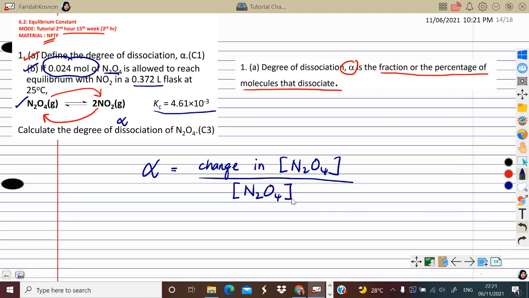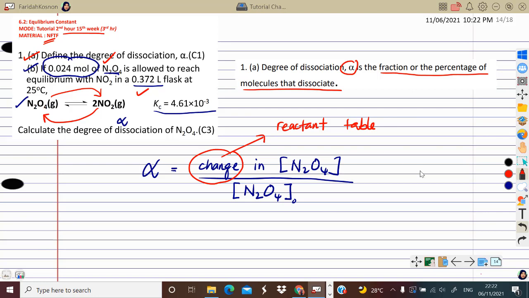So initial concentration normally ada simbol macam ni lah, ada note kat bawah tu. Jadi kalau kita lihat daripada formula ini, kita kena tahu change ni dulu. So change in concentration of reactants ataupun produk, kita hanya boleh refer daripada reaction table. Untuk initial concentration, tak ada masalah. Initial concentration, kita boleh refer kepada soalan because we have the number of moles and the volume of container. Jadi kita boleh cari concentration kat situ lah.